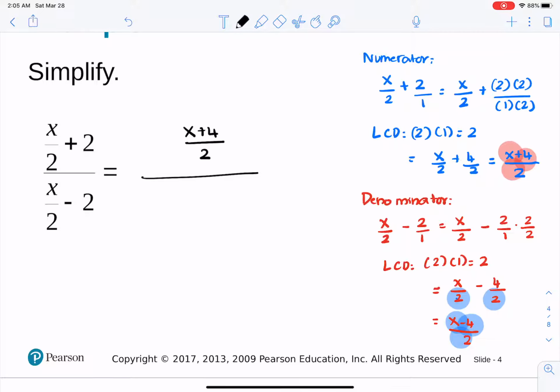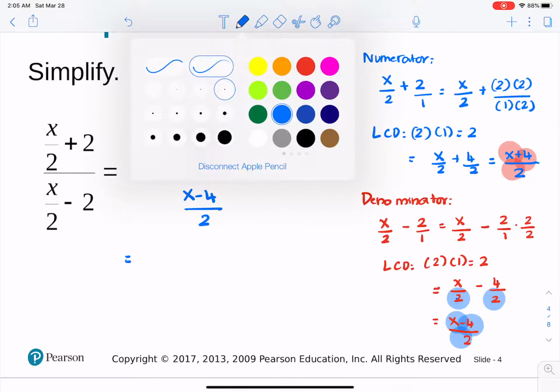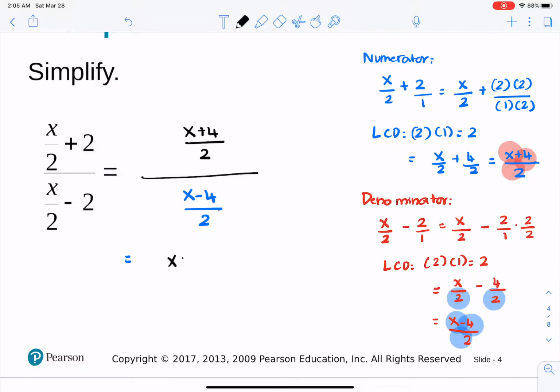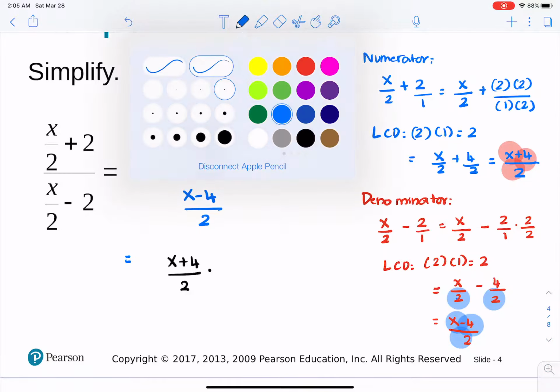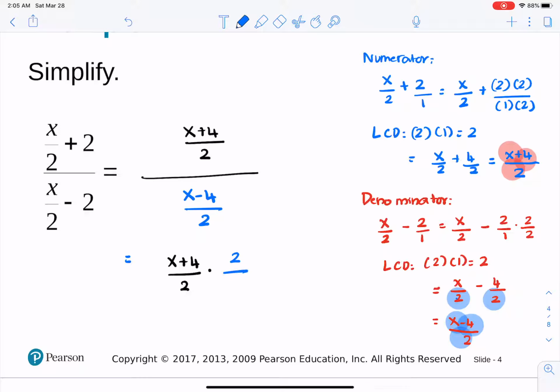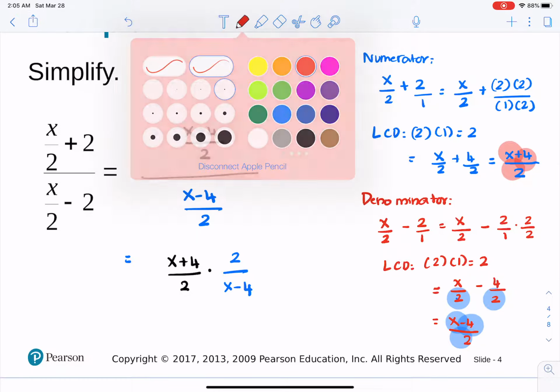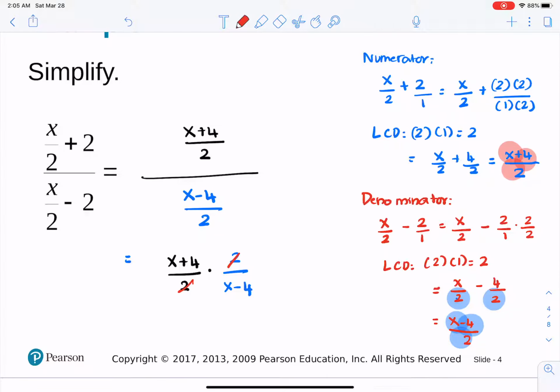So let me rewrite that. We have a fraction over a fraction, so we simply flip and multiply. So the numerator is x plus 4 over 2 times the denominator flipped, 2 over x minus 4. The 2's would get cancelled, and the final answer is x plus 4 over x minus 4.